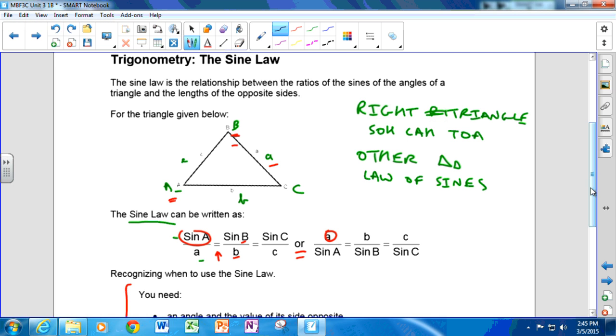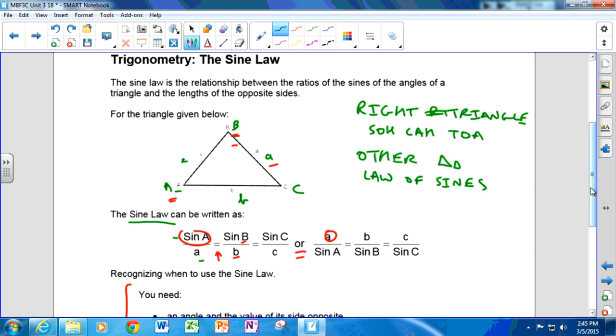Okay, so the next thing we looked at after we finished our study of right triangles and SOHCAHTOA, we asked ourselves the question, but what if there's no right angle? A lot of geometry problems end up with a triangle, and you can't assume that there's a right angle.